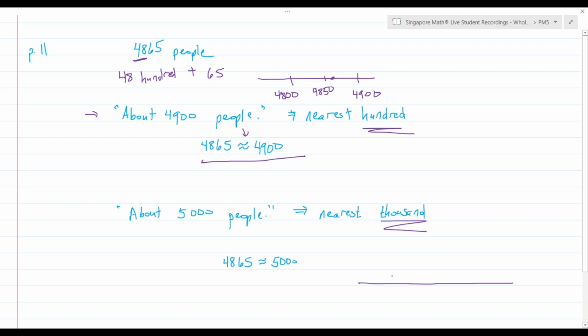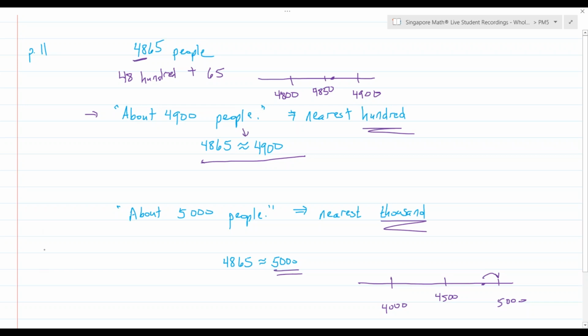If I made a picture of this, I'd say 4,865 is between 4,000 and 5,000. Right smack in the middle is 4,500, and 4,865 is past that, and so we would round it to the closest thousand, which would be 5,000.